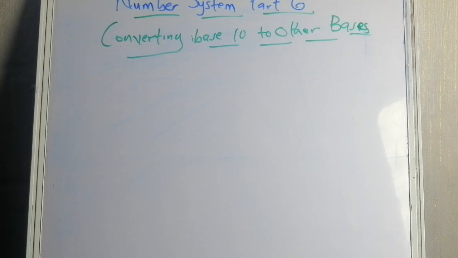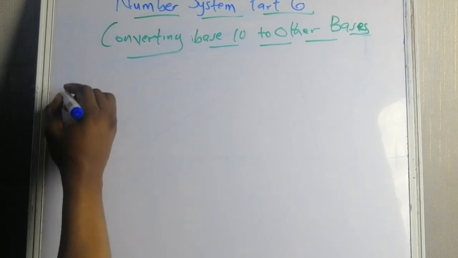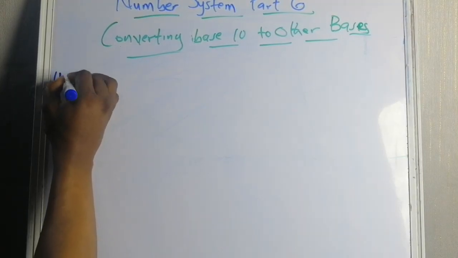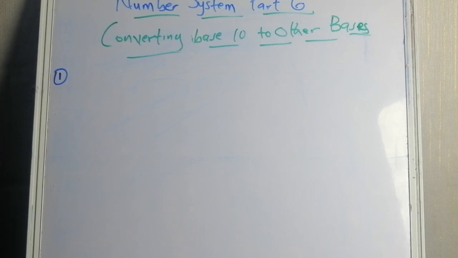Let me just coin a few examples here. Let's assume we have example 1. This is straight to the point. We don't need to waste much time on how to arrive at the answer, but just understand that you are converting from base 10 to other bases. We've done base 10 to base 2, so now we convert to other bases.